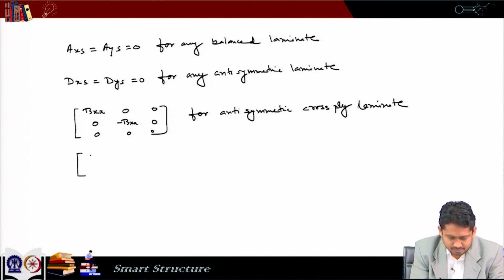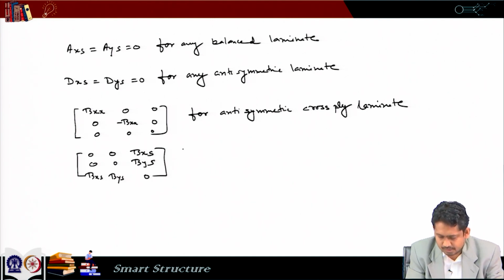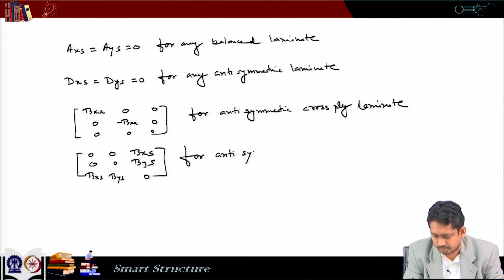And then we have 0 0 B_xs, 0 0 B_ys, and B_xs B_ys 0 for an antisymmetric angle ply laminate.